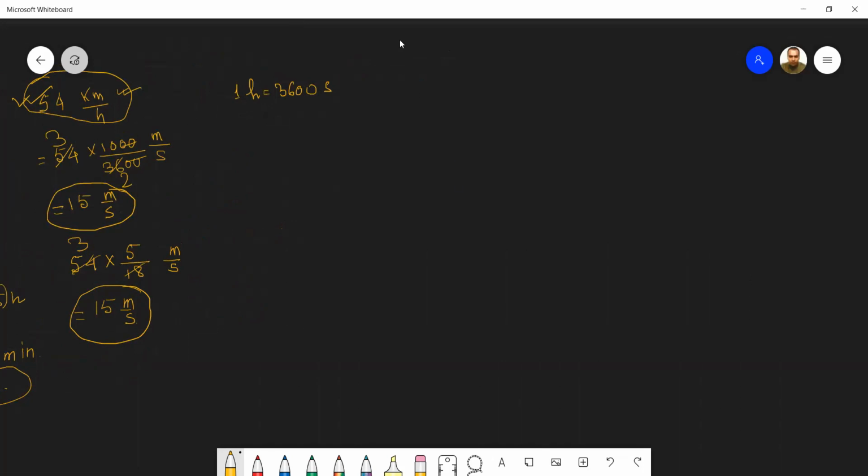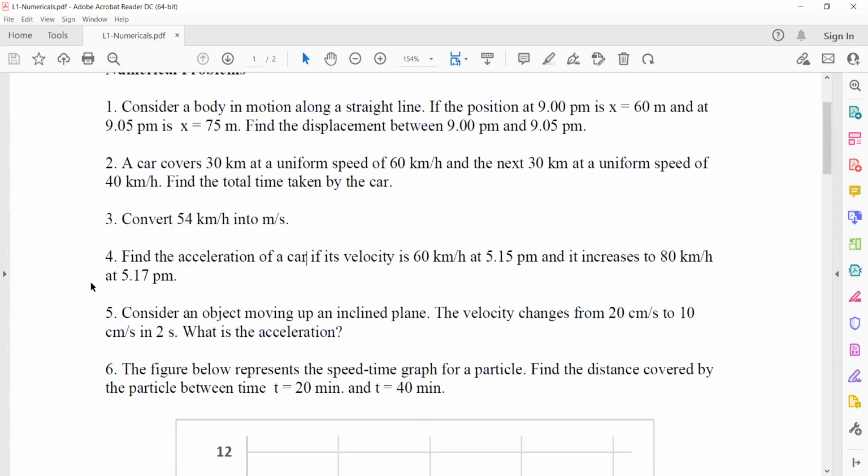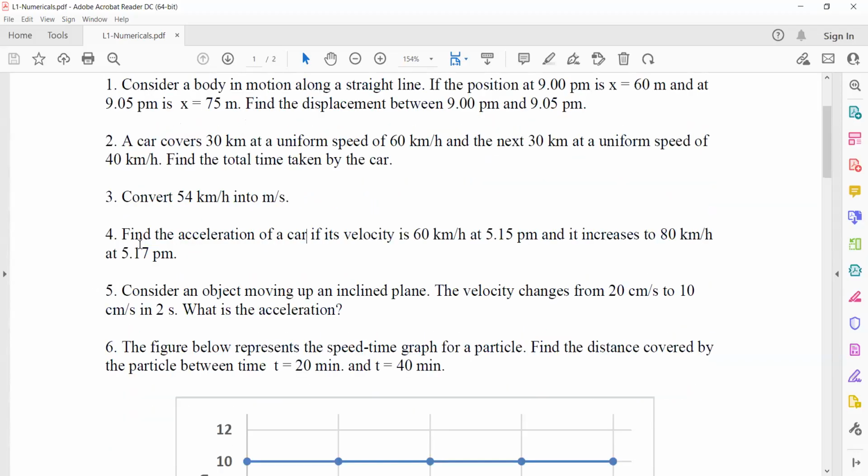So let me show you the next question. Okay, so now it is about calculation of acceleration.